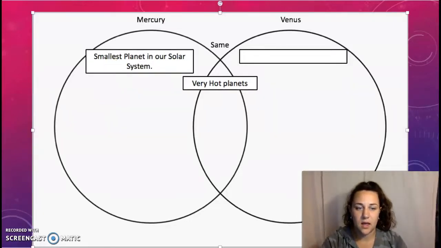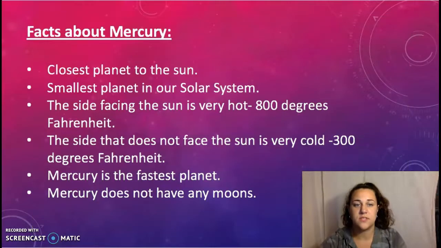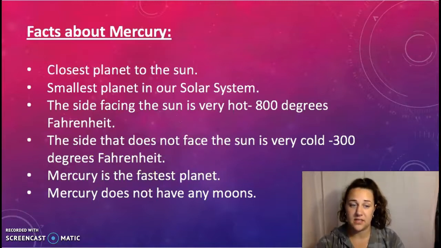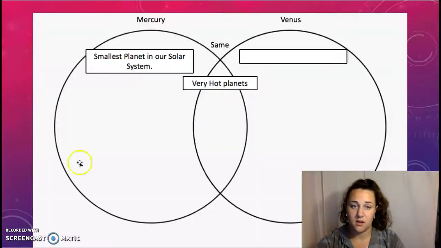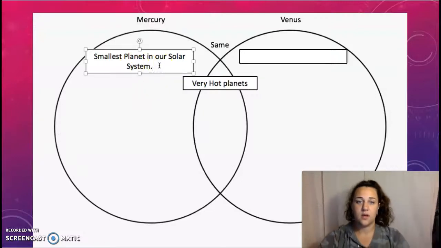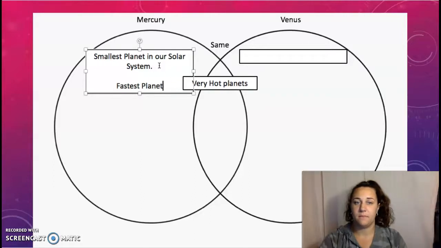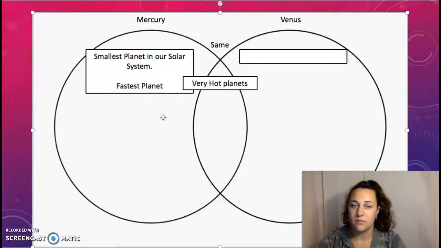Right? I also see we have this very hot, which we said was very similar. But it's also the fastest planet. So now I can go down here and say the fastest planet.